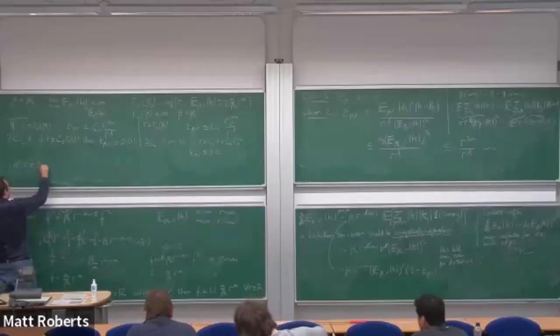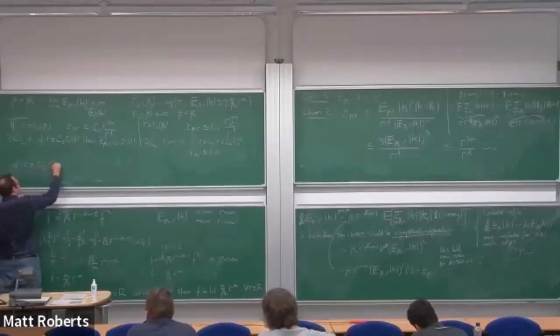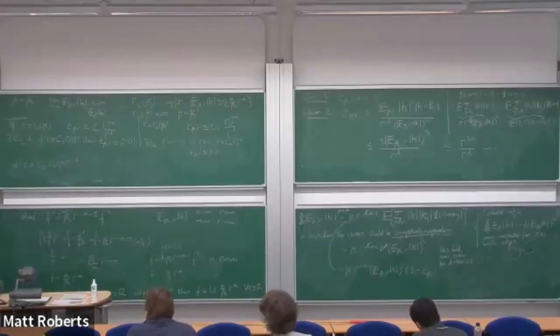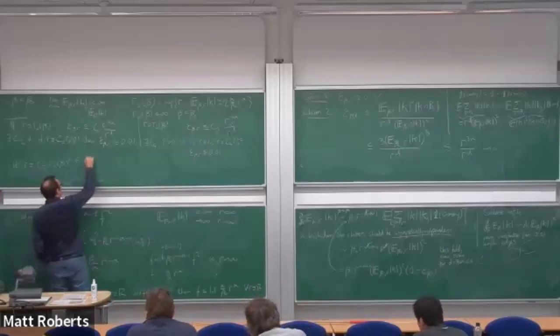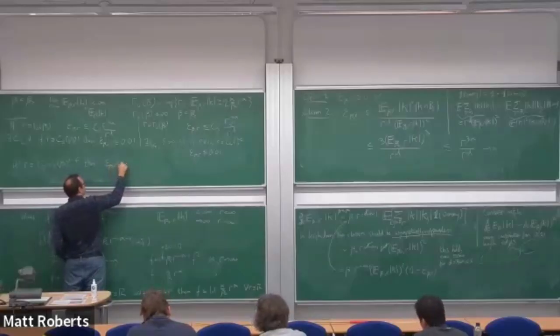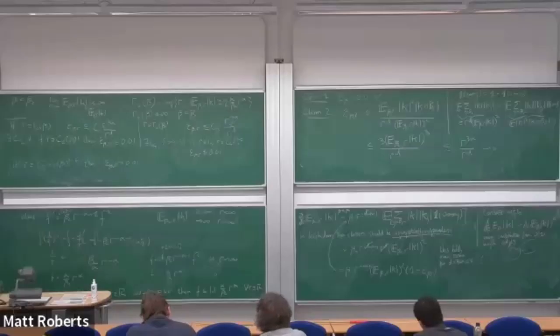The constant management in this proof is a bit annoying. There's some constant C5 so that if R is larger than C5 times R naught to the 1 minus epsilon, then this error is small, just because we have the two cases and they overlap.